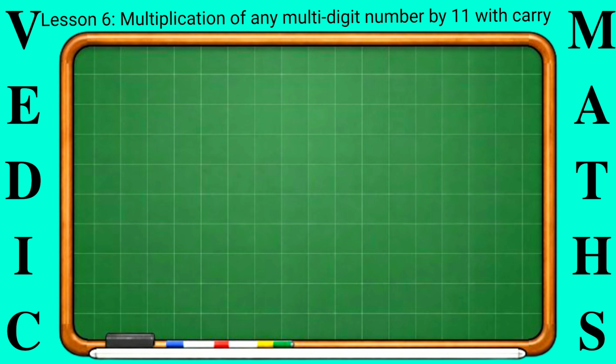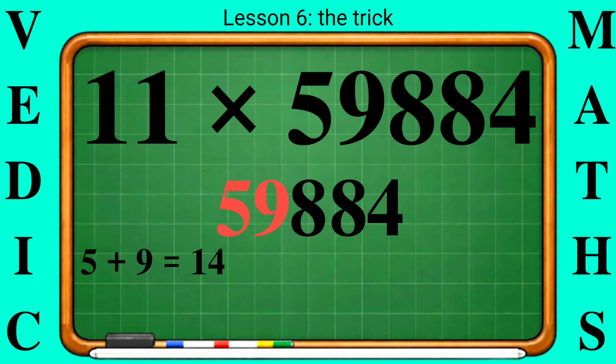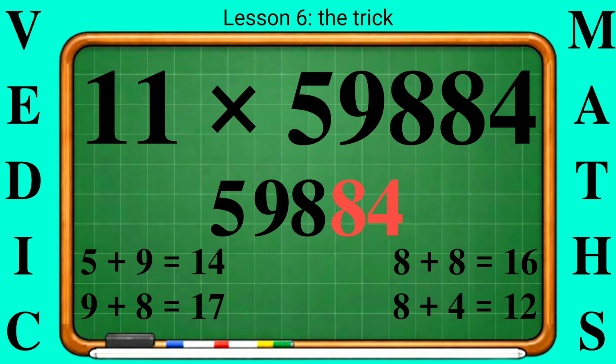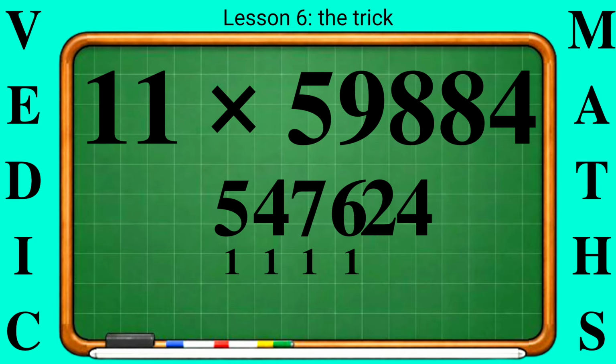Welcome to Vedic Maths Lesson 6. Here we learn to multiply 11 by multi-digit numbers, but with a carry. So let's try 11 times 59,884. Let's do the same thing again: adding the first digit to the second digit, then the second digit to the third digit, then the third digit to the fourth digit, and so on.